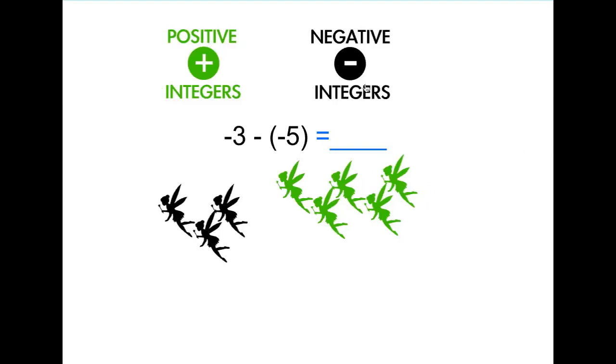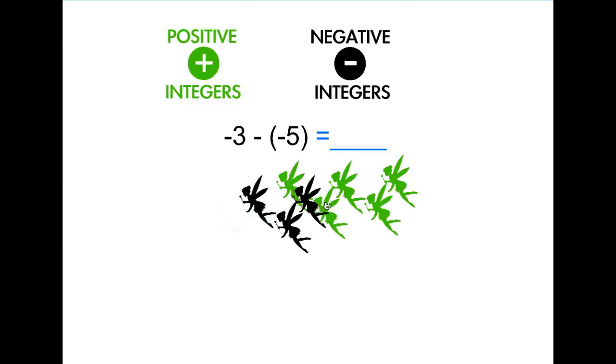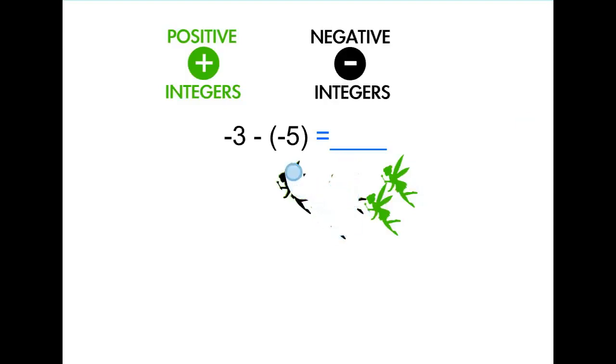And that leaves us with 3 shadow Tinkerbells and 5 Tinkerbells. We're going to match them up one to one. They cancel each other out. And that leaves us with 2 Tinkerbells.